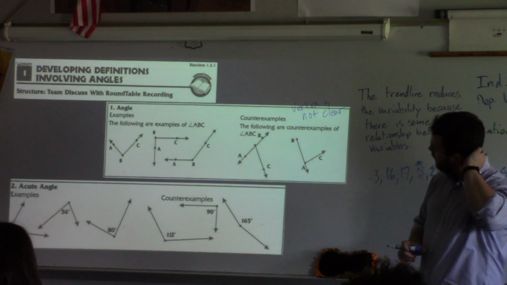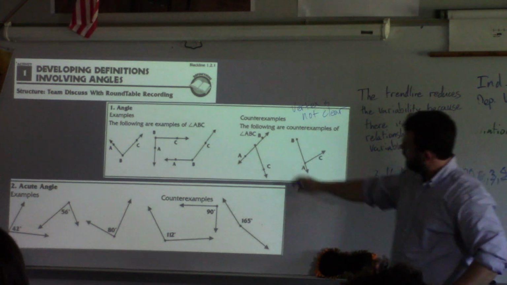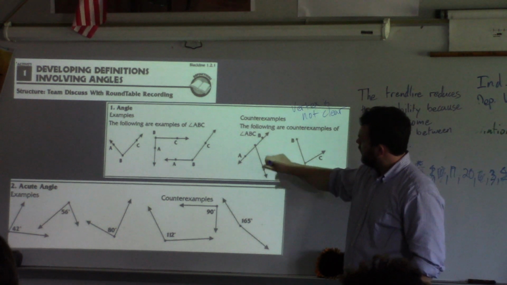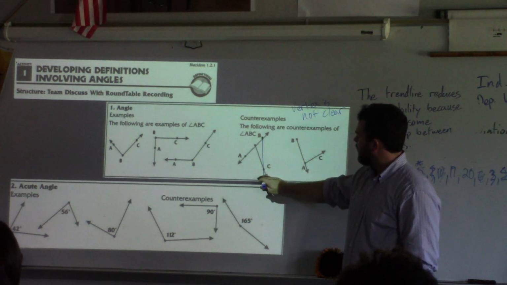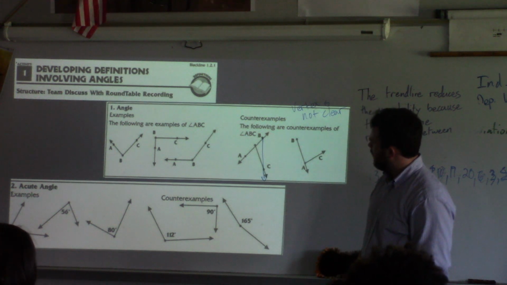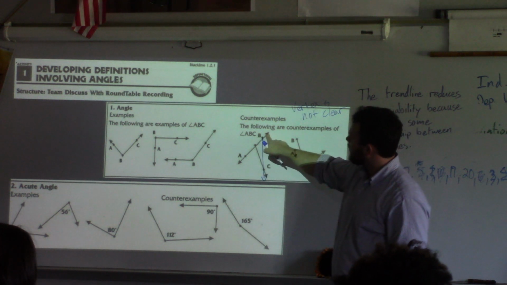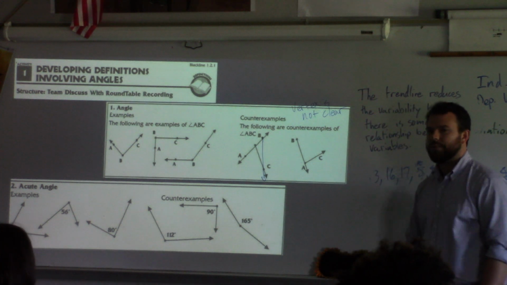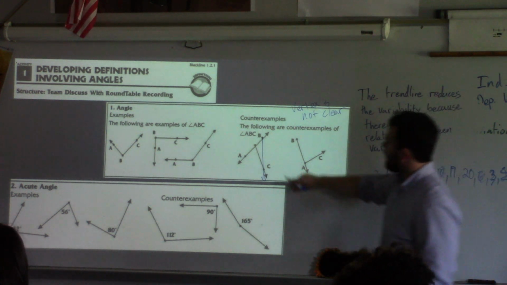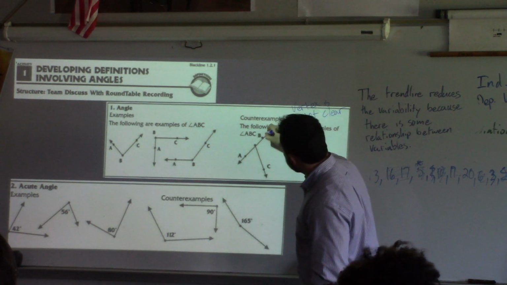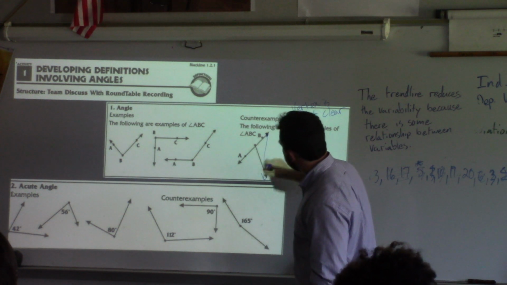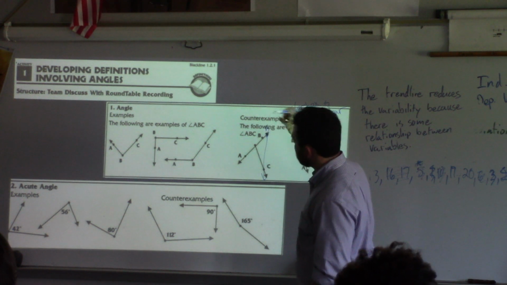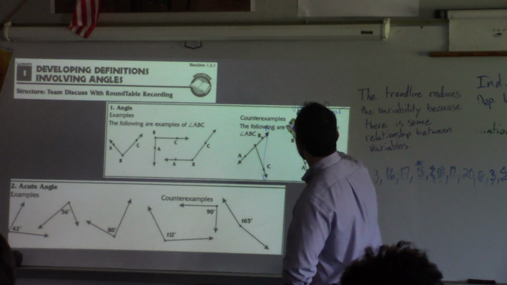Okay? So where B is, the vertex is supposed to be right there. So maybe if it had been here, it would have been okay? No, like, at the arrow. Instead of having an arrow here, you would need a ray? Yeah. Okay? So you're thinking that if that was an endpoint through there, that'd be angle ABC. So the vertex is in the wrong spot.